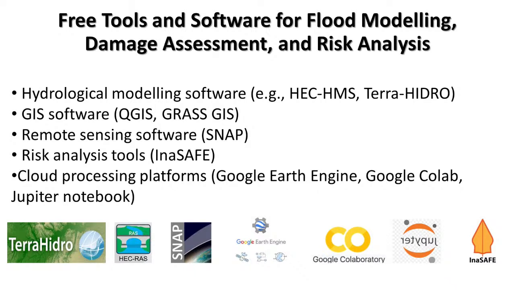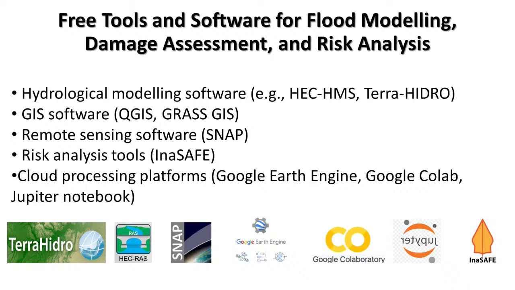And then you have SNAP, which is the Sentinel Application Platform, specifically developed for the Sentinel suite of satellites, which is relatively good software when you want to use Sentinel-1 data to identify your flood lines and your flooded areas.